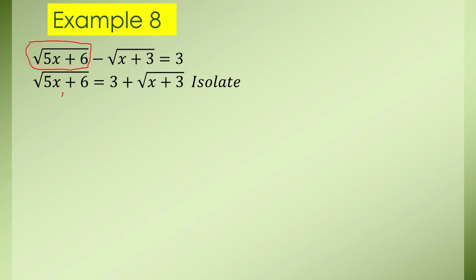Then I need to move this radical expression to the right side. Because it's negative, when I move it to the other side, it's positive. You do the inverse operation. That's isolated, because I leave this radical expression on one side.